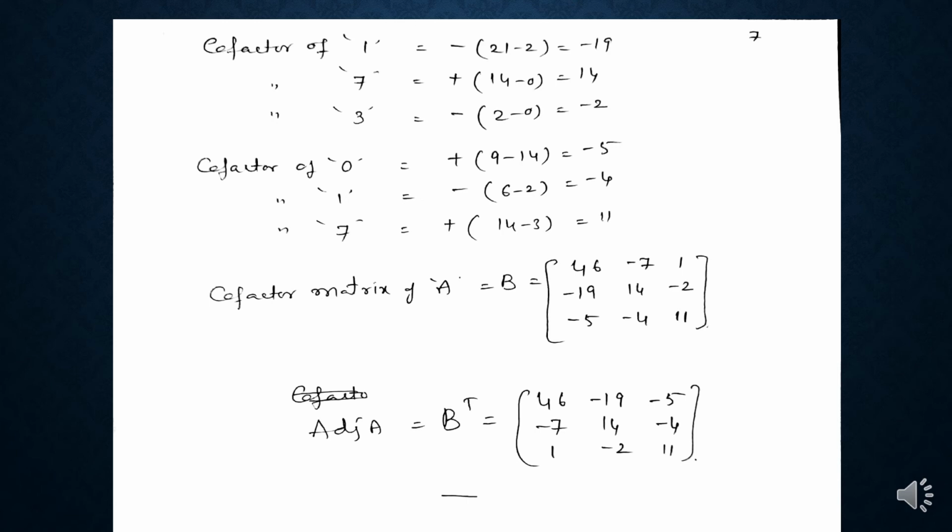So now adjoint A can be written as adjoint A is equal to B transpose. What is the transpose of a matrix?